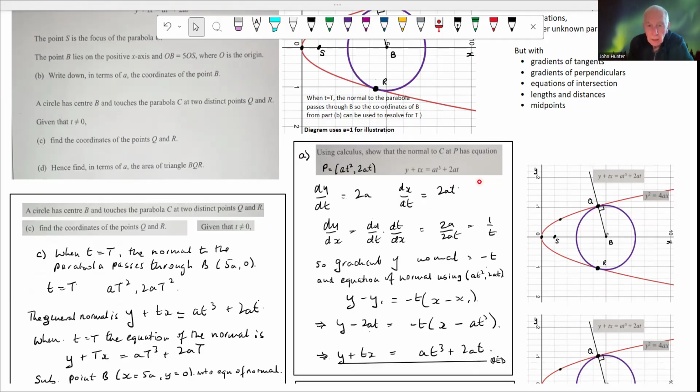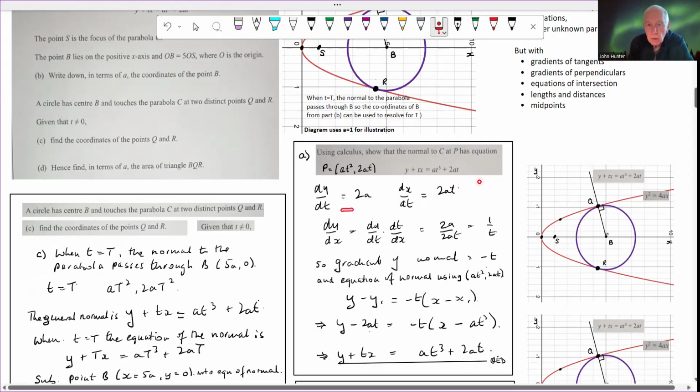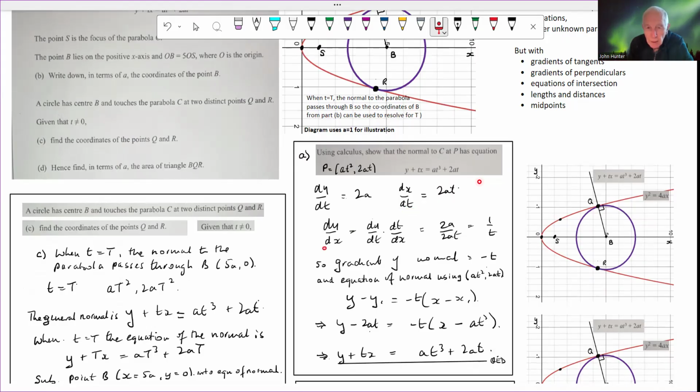So if we differentiate y with respect to t and x with respect to t, we're going to get this. dy/dx equals dy/dt times dt/dx, and that's using the chain rule to unwrap this derivative in terms of the parameter t, and that's going to give us a gradient of the curve of 1 over t. So the gradient of the normal to the curve is going to be such that these two things, when multiplied together, give you -1.